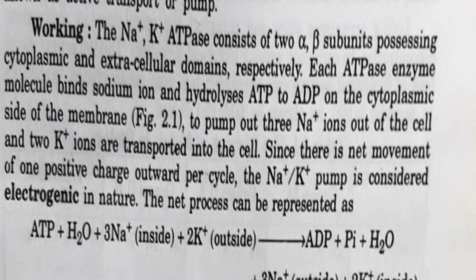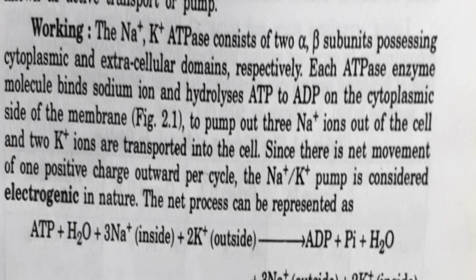Here we see that the sodium potassium ATPase consists of 2 alpha beta subunits possessing cytoplasmic and extracellular domains respectively. Each ATPase enzyme molecule binds sodium ion and hydrolyzes ATP to ADP on the cytoplasmic side of the membrane.